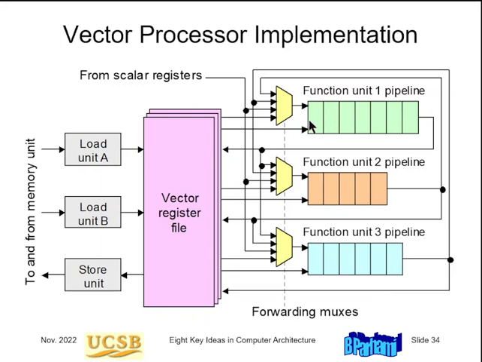By the time the first addition gets to the end of this pipeline and is stored, I'm doing the second, the third, the fourth, the fifth, the sixth, seventh. So 7 additions are in progress at the same time. This is basically the idea of vector processing.